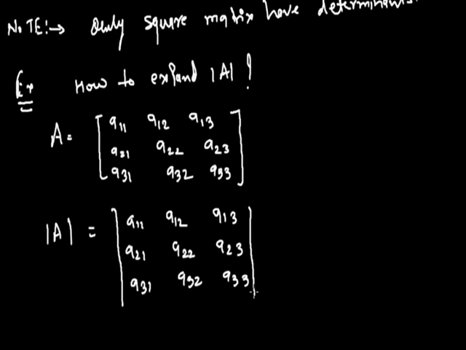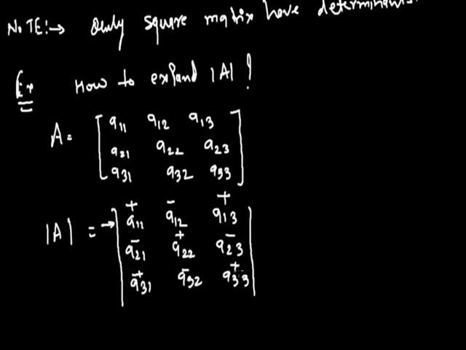First of all, understand about the sign. If I want to expand this determinant along this row, always remember the signs in this form: plus, minus, plus; then minus, plus, minus; then plus, minus, plus.